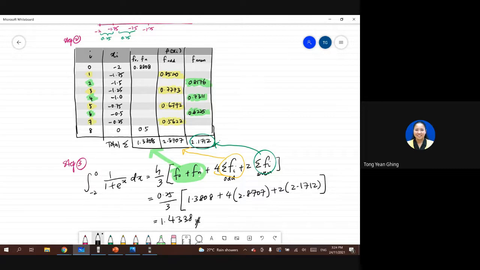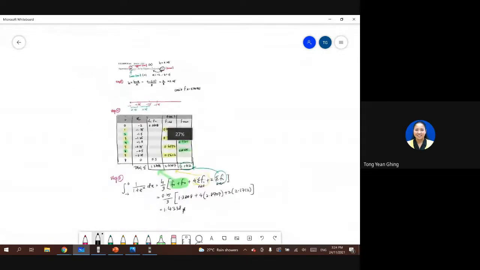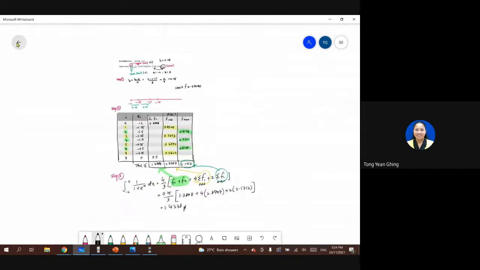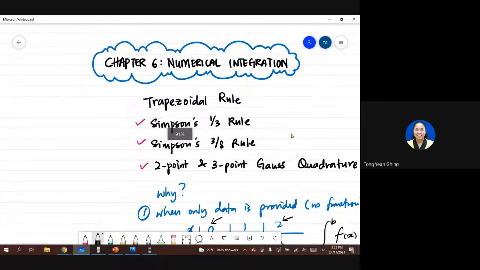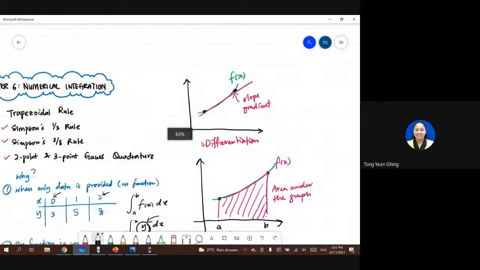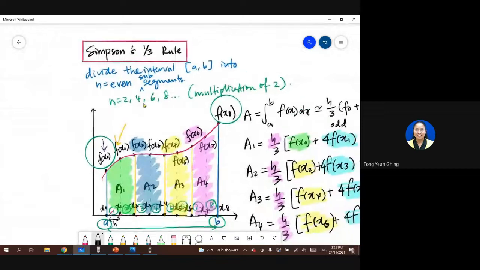If okay, then we move to Simpson's 3/8 rule. It's the same thing. Okay, so I go back to just now, Simpson's one-third rule here. Just now, for Simpson's one-third rule, we divided the sub-segments into n equal to a multiple of 2, so that means an even number.